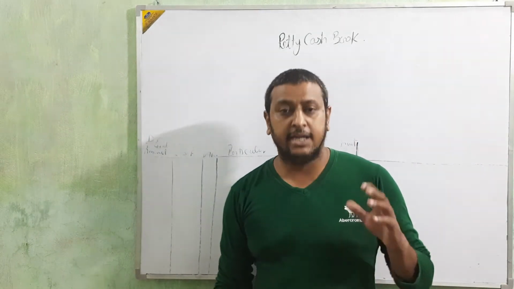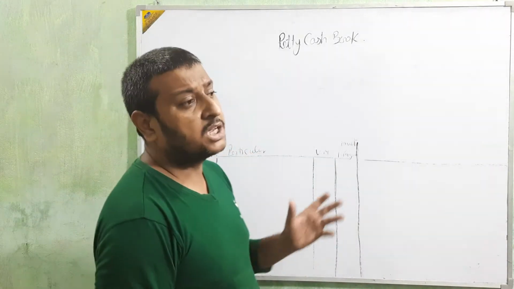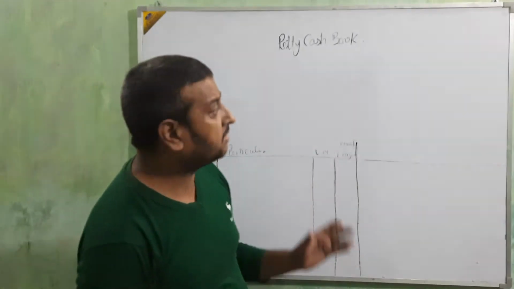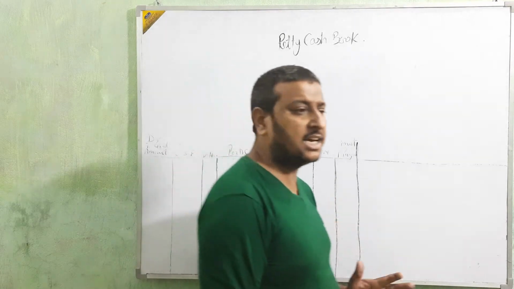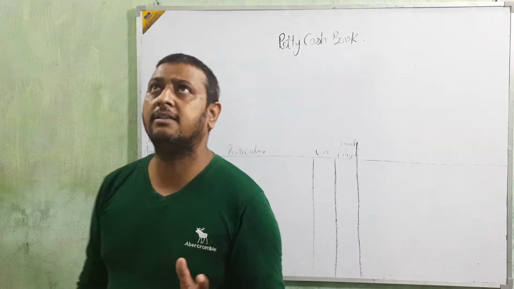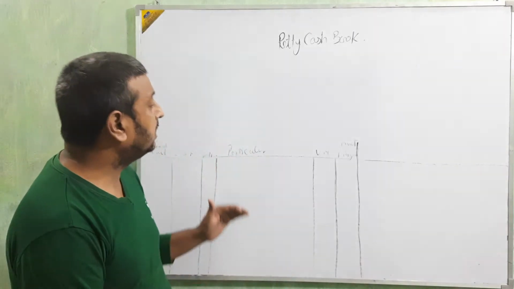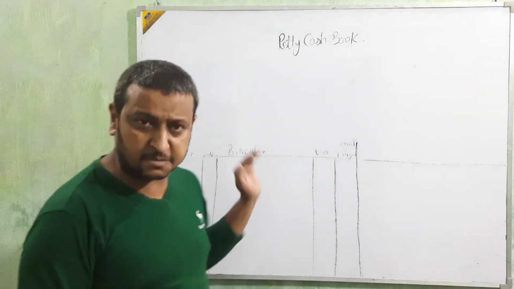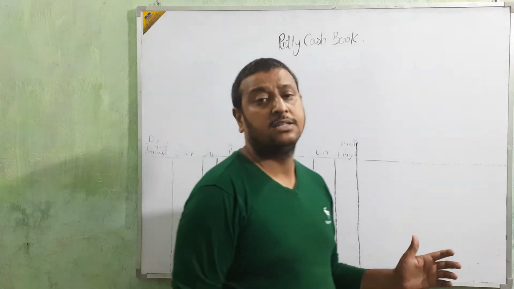Okay, beta? In this system, the main cashier gives a sum of money on the basis of the average of 1 week, 1 month, or 2 months, and then the junior cashier spends this amount over 1 or 2 months. After spending the amount, they give the details of the expense in this Petty Cash Book and give it back to the senior cashier.